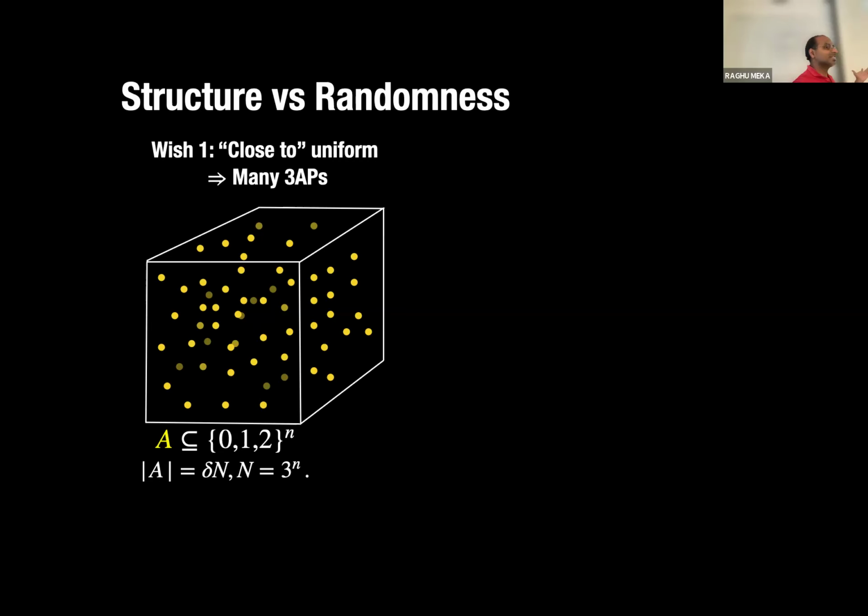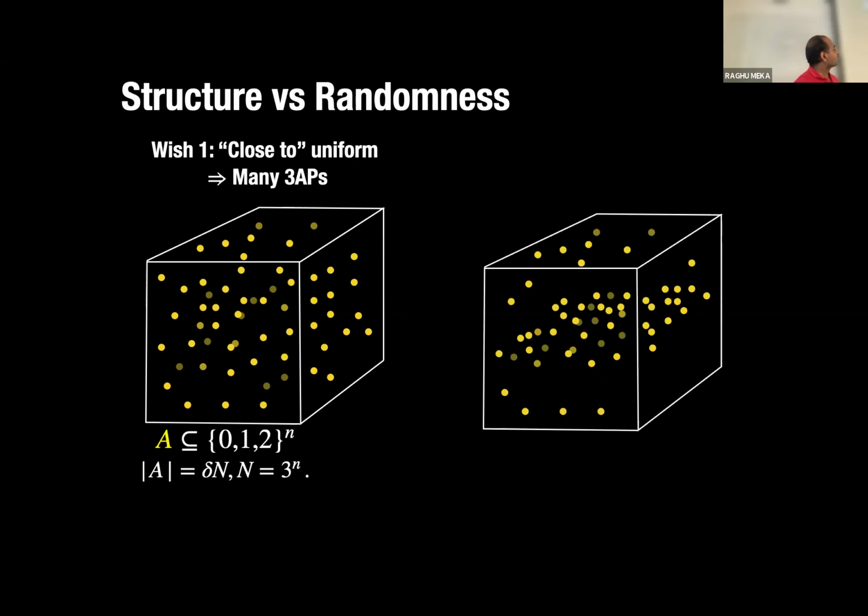Obviously, if you just have this, it's not very useful, because you also need to handle the case when your set A is not close to uniform. So the second wish is to hope that if this hypothesis doesn't hold, that is, your set A is not close to uniform, then you can do something else. And for that we are going to hope to use induction.